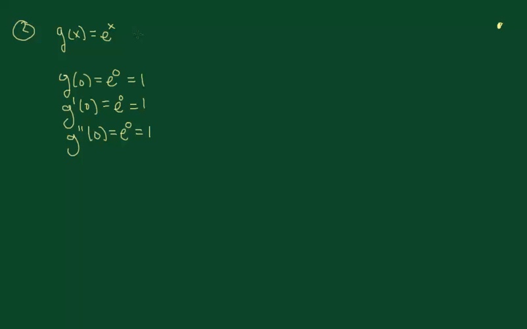So if we're going to fit this into that format, well, g of 0 is 1, plus 1 times x, plus 1 times x squared over 2 factorial. All the coefficients are 1. I'm not writing the number 1, but I'm saying the number 1. Times 1 times x to the power of 3 over 3 factorial plus dot dot dot.